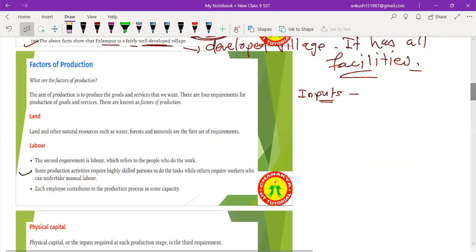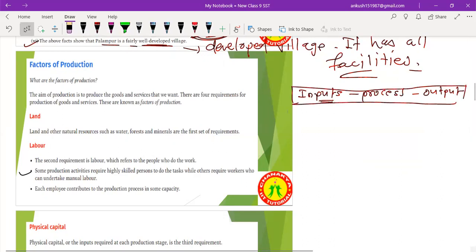Inputs, then process, and then output. This is the process where the products are produced. Yes, sir. First is input, second is process upon the raw material, and then output, that is the final good. The final goods are sold in the market. Have you got the point?